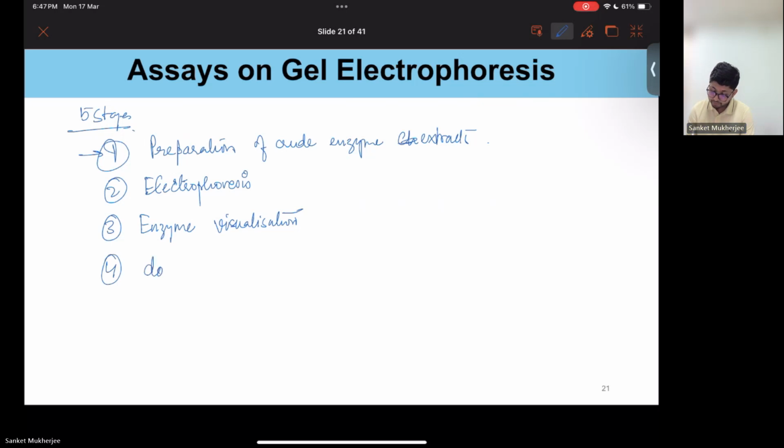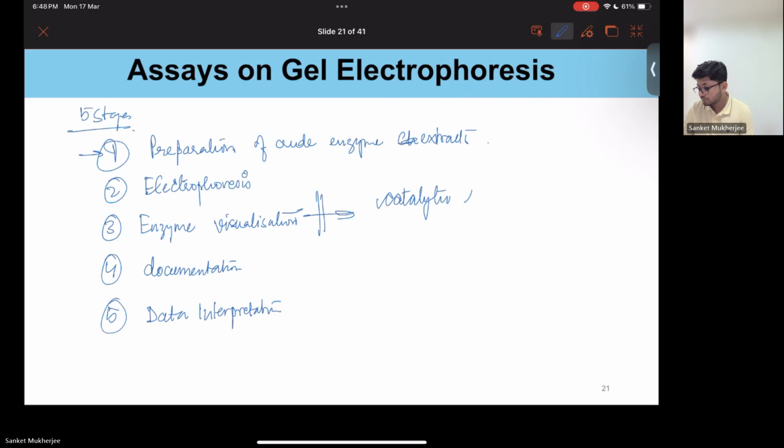Documentation, and data interpretation. So visualization means essentially the catalytic action on substrate produces a colored product.